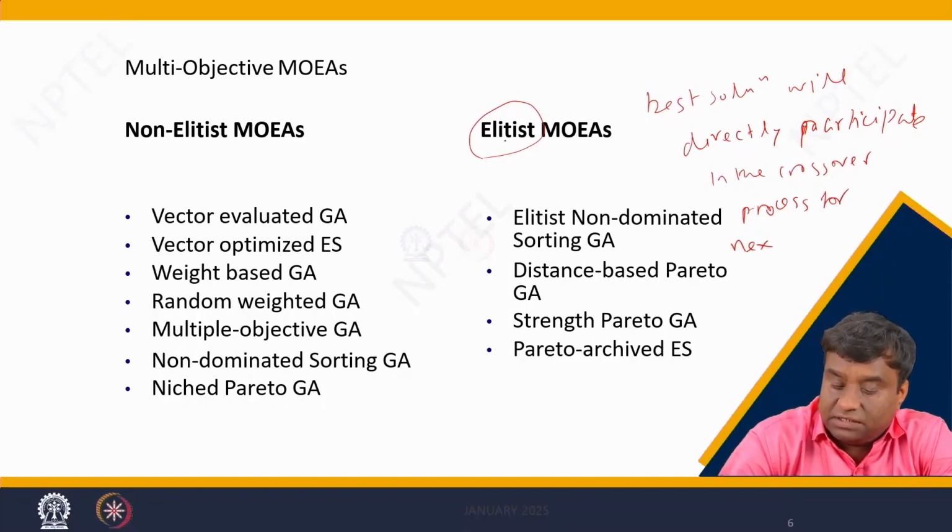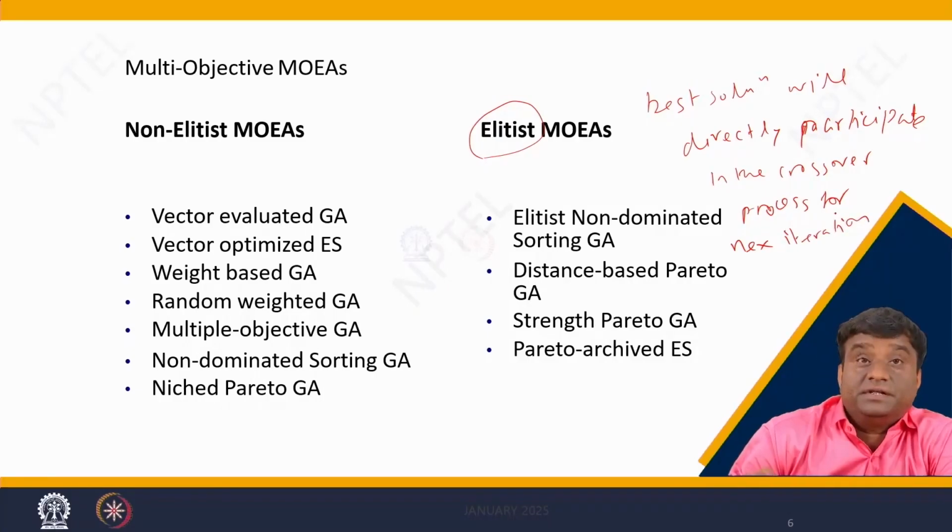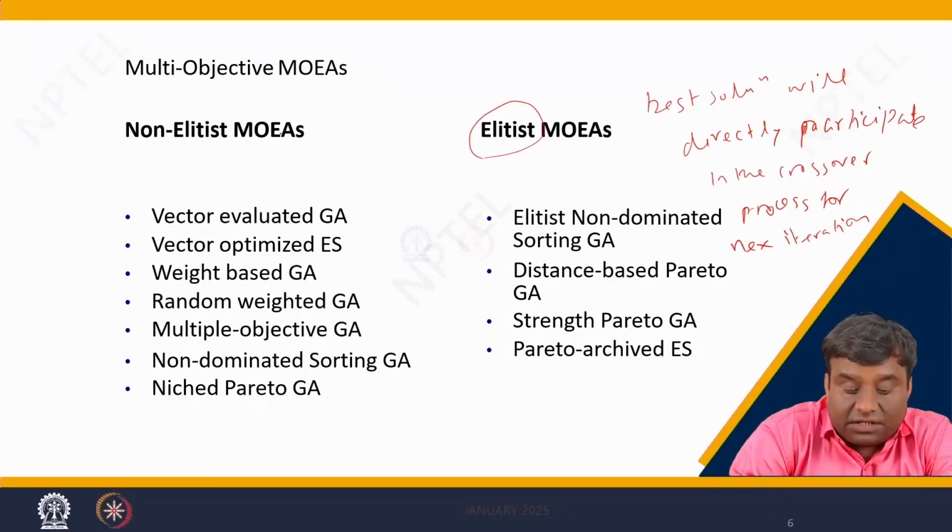So that is elitism. We will study NSGA-II, etc. So non-elitist multi-objective evolutionary algorithms, these are the few things there.